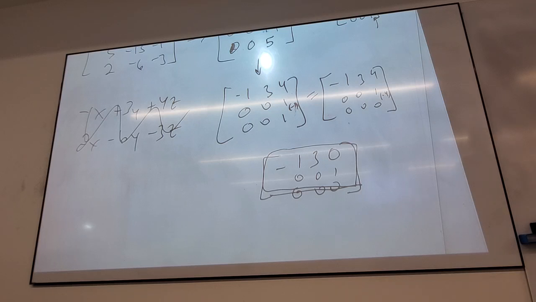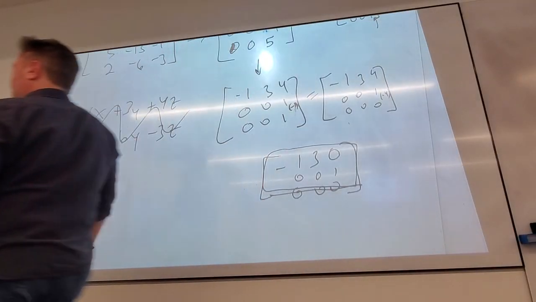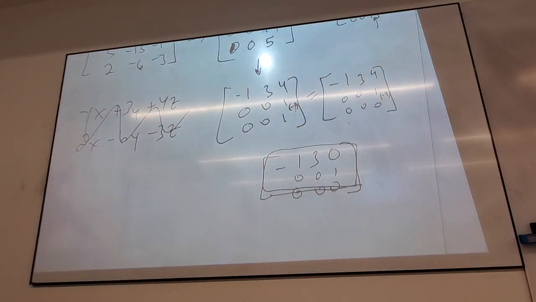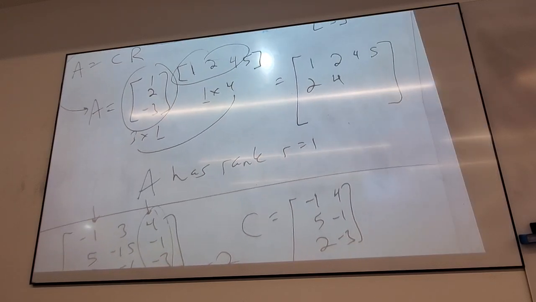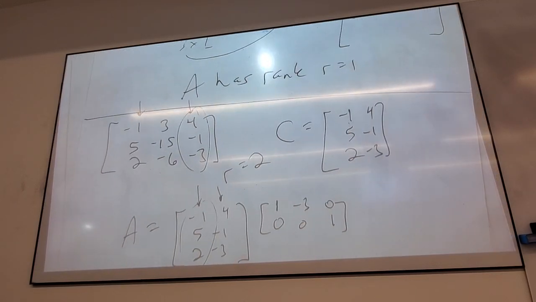Okay. And if you're struggling to find motivation to be excited about this, A equals CR is a huge part of this class. So I have to come up with a way to figure out what C is and what R is. And now we have a definitive way to always do that.